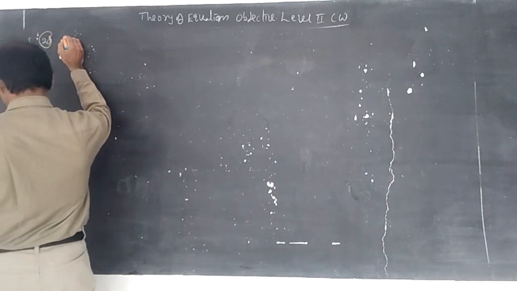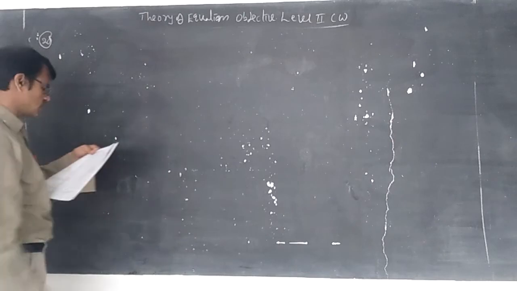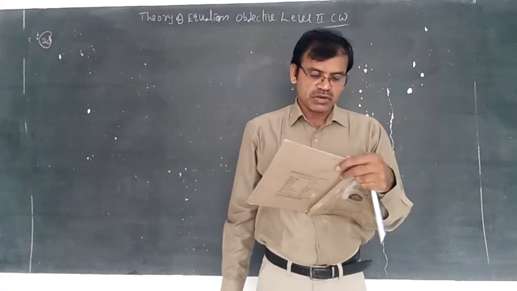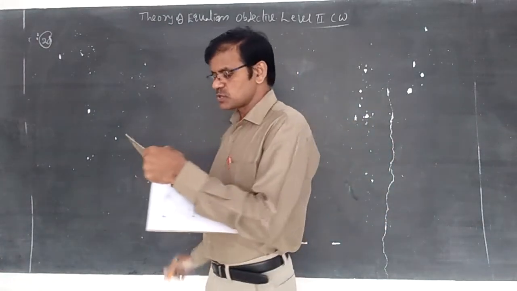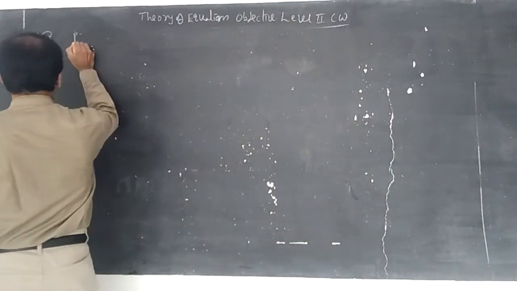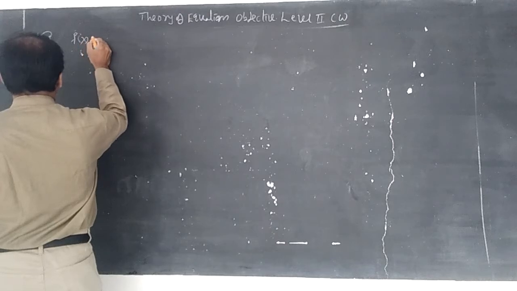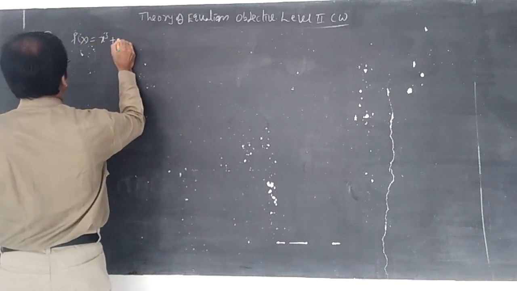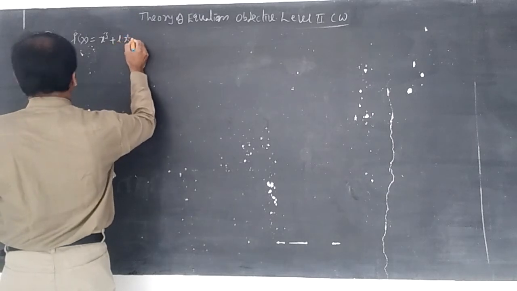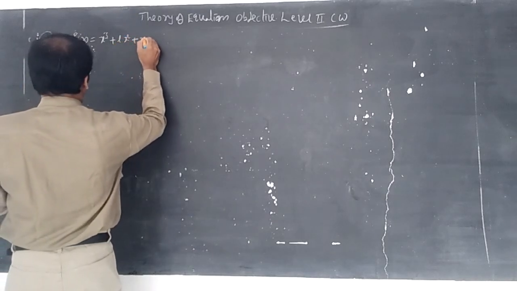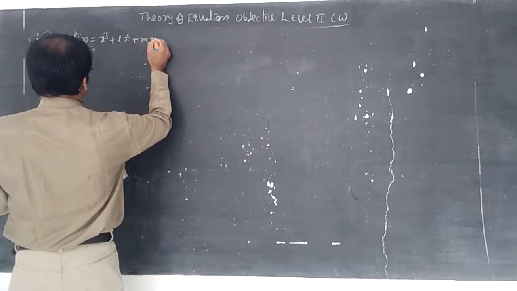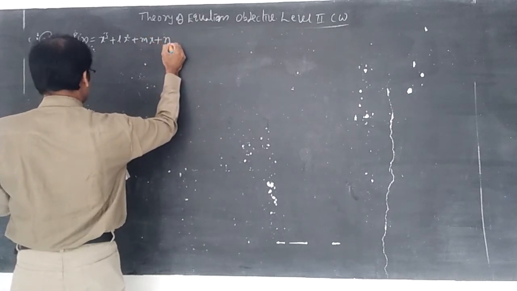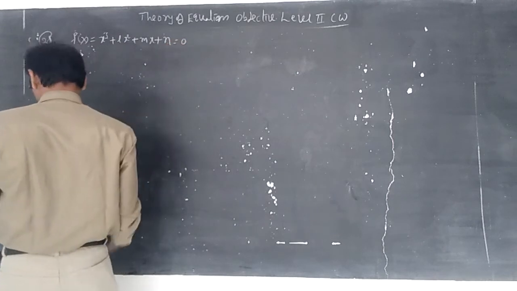For triangle ABC, delta, capital R, small r, R1, R2, R3, S have the usual meanings. Then the cubic equation f of x is equal to x cube plus lx square plus mx plus n equal to 0.